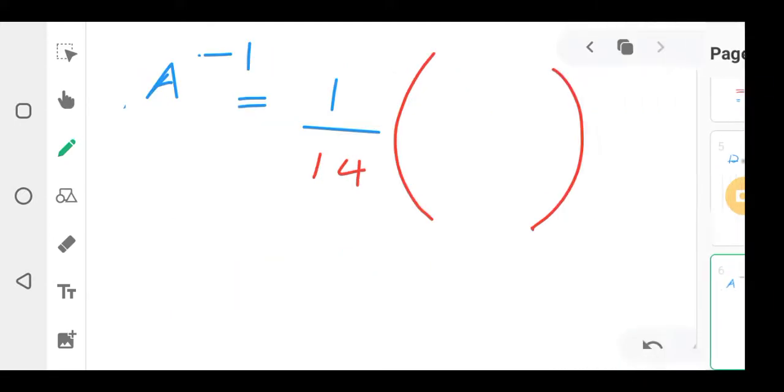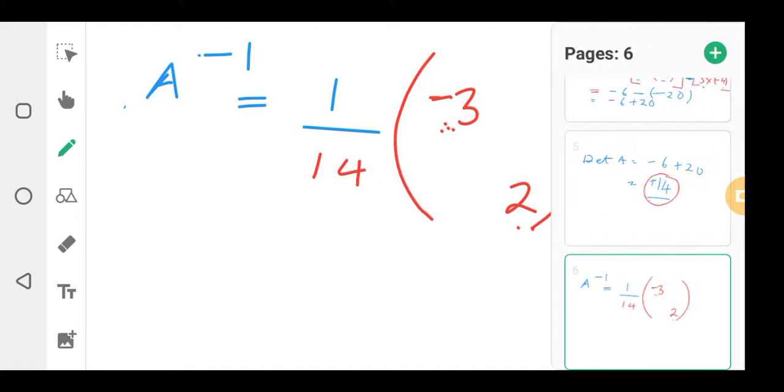Negative 3 will come where 2 is, and then 2 will go where negative 3 is. They swap positions. Is that clear? You switch positions. Okay? That's the first one.